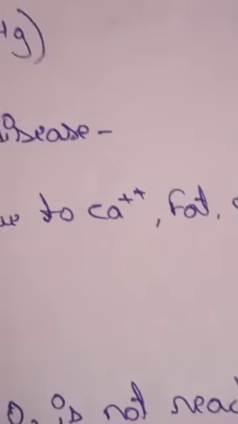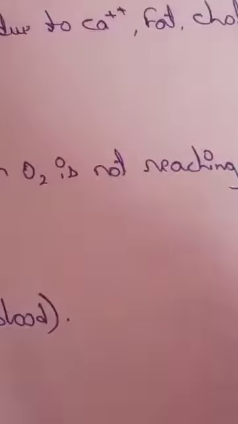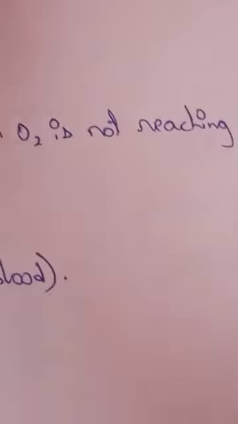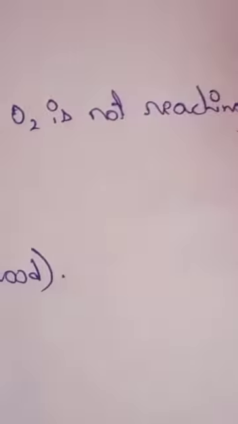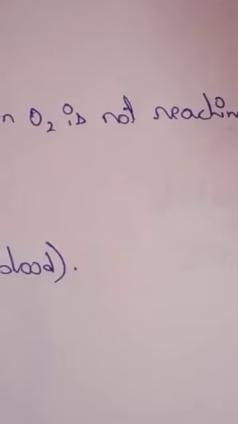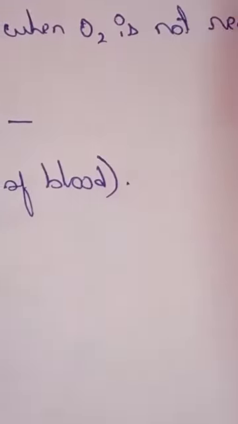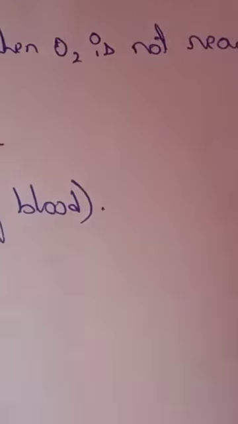Angina means chest pain when O2 does not reach the heart muscle. It is a deadly disease, because O2 is our main resource; if it does not reach the heart muscle, how can a person survive? Then heart failure, meaning heart attack, when pumping of blood is not done.